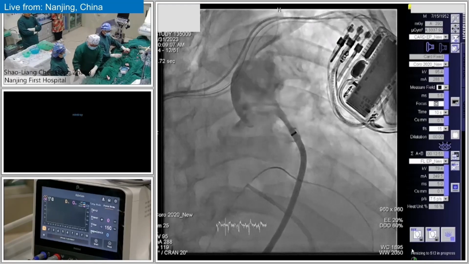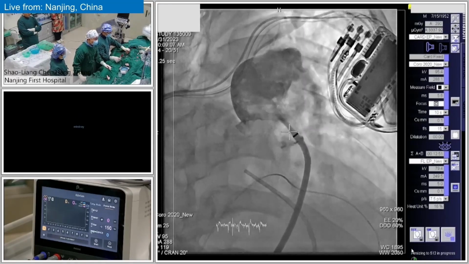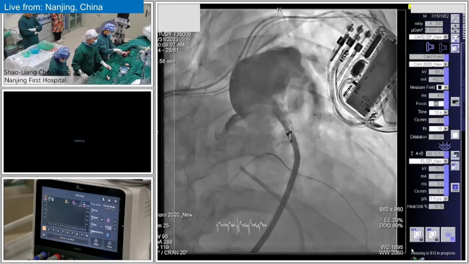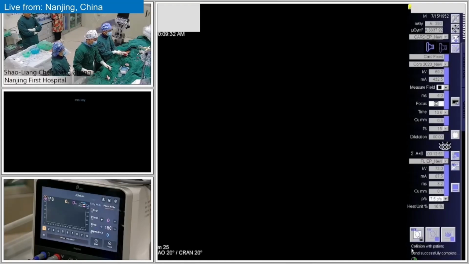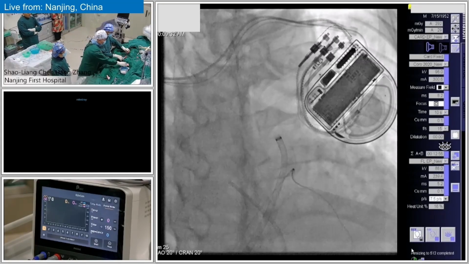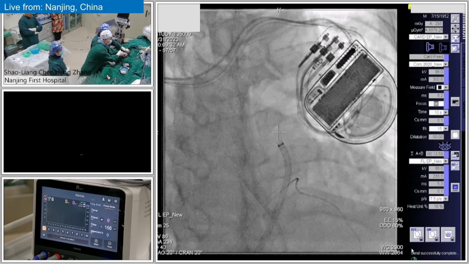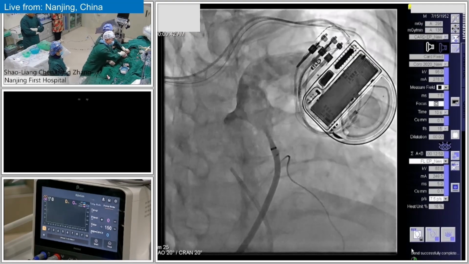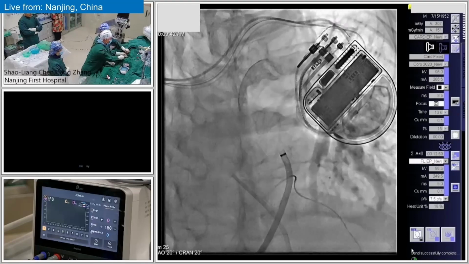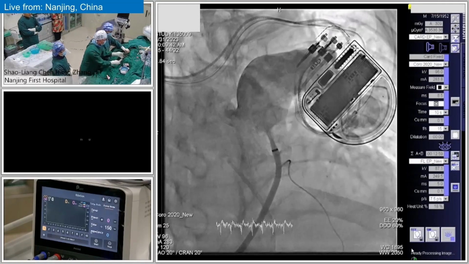After almost 10 minutes of attempts, they still failed to advance the Swan-Ganz catheter. So instead, they used the long sheath with an outer diameter of 8.5 French, placed at the distal pulmonary main trunk. Now you can see the angiography for the pulmonary artery using the large long sheath.